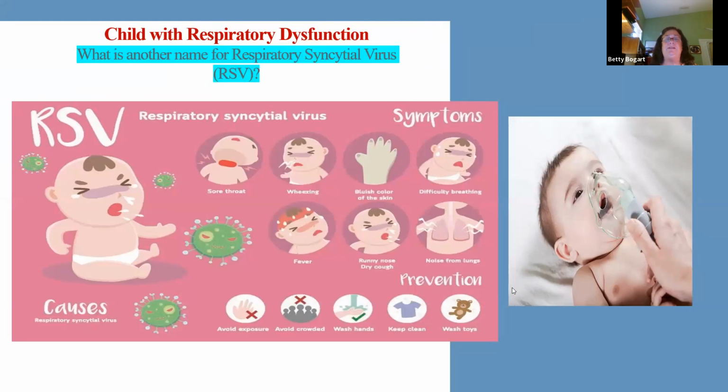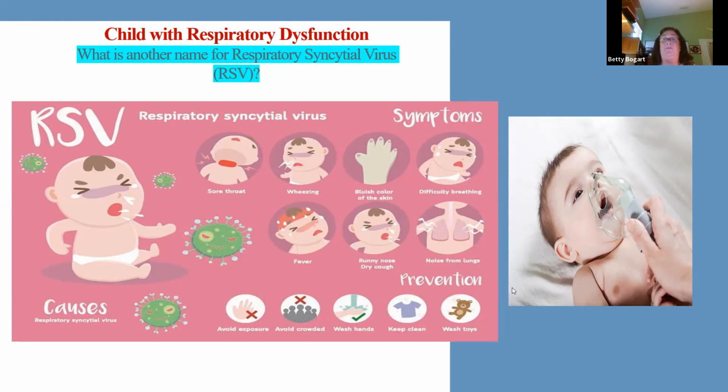Respiratory syncytial virus is just that, a virus. For me and you, it's a common cold. But for some small infants with little airways who have a hard time sucking, swallowing, and breathing, just eating from a bottle or breast is a lot of effort.